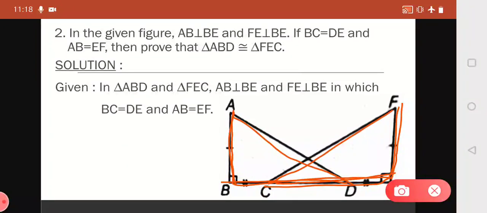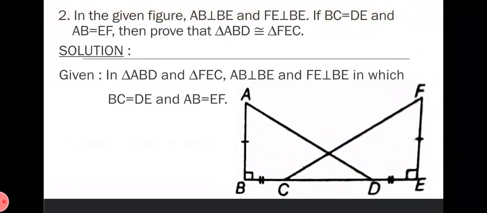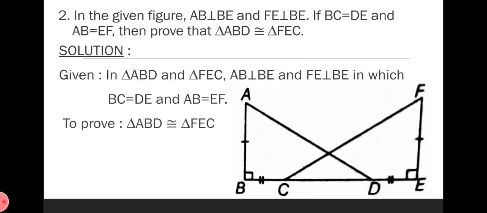And further, it is also given that BC equal to DE and AB equal to EF. This is already given in the question. What we have to prove? To prove triangle ABD is congruent to triangle FEC.